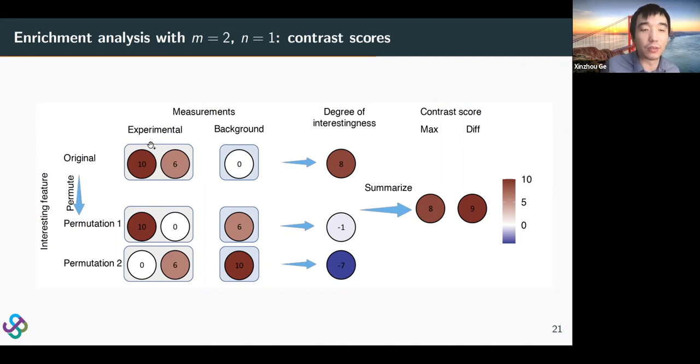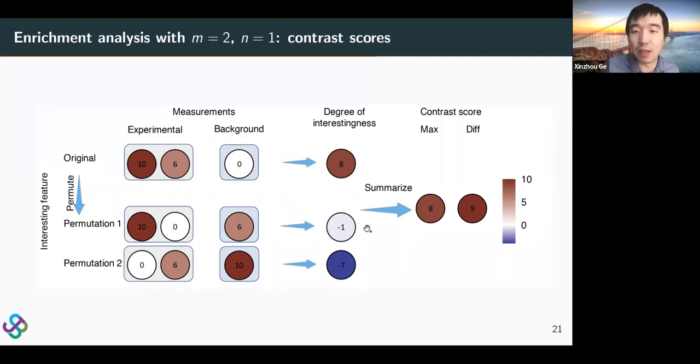So for the original one, the difference in means is 8 minus 0, which equals 8. For permutation 1, the difference in means is 5 minus 6, which equals -1. And for permutation 2, the difference in means is 3 minus 10, which is equal to -7.